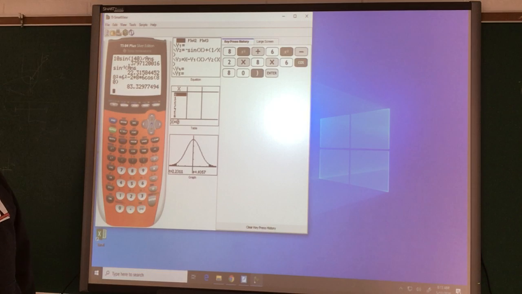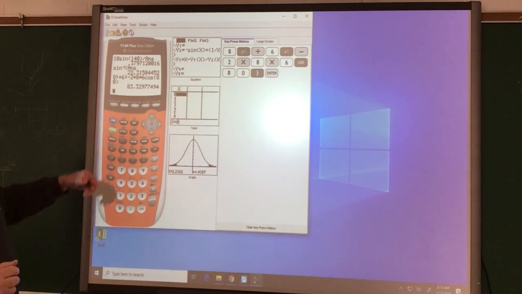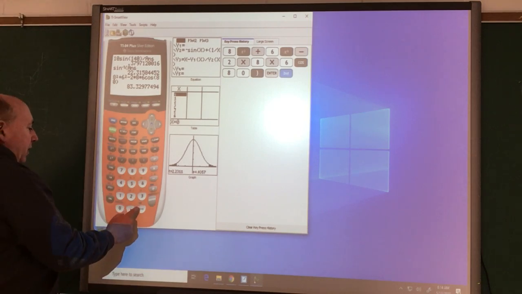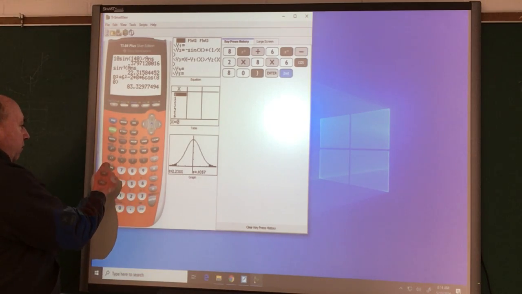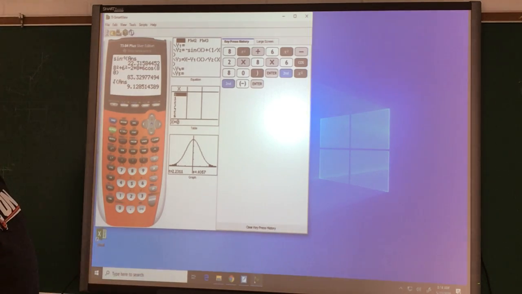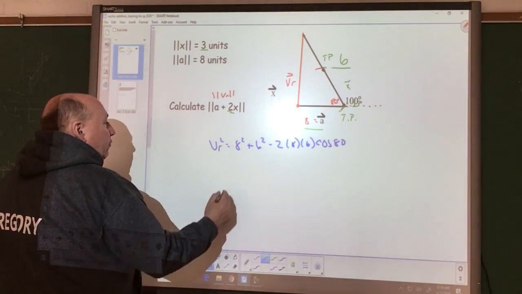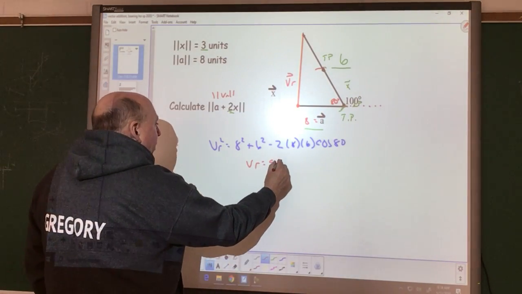And this gives me VR squared, 83.32 or 33. And then I can square root, second square root, my answer, just pull my answer down, and I get 9.12. So this VR is 9.12.